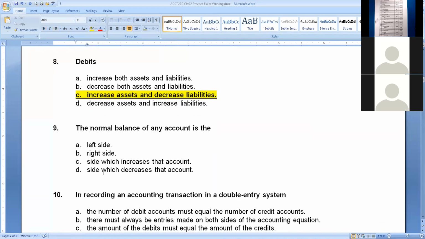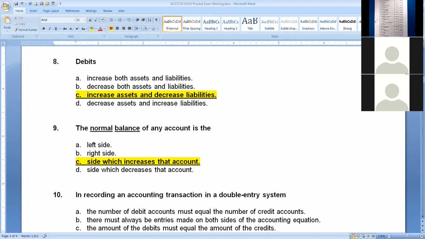The normal balance of any account is the side that increases the account. And I'll go down to the end there in a second. So the normal balance in any account is what's usually in that account.